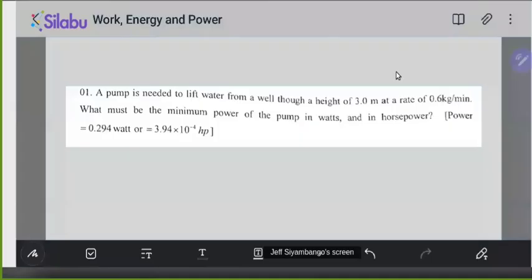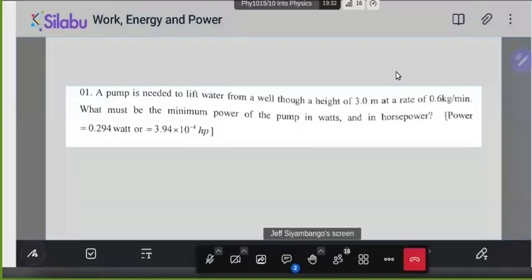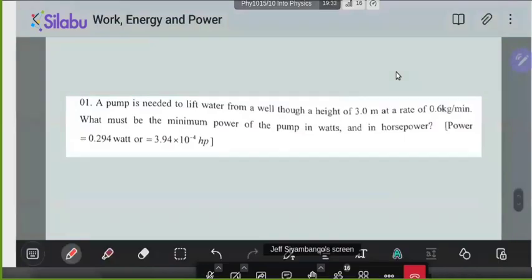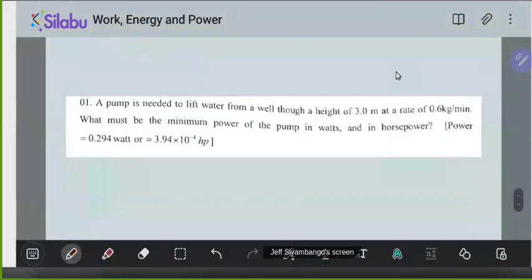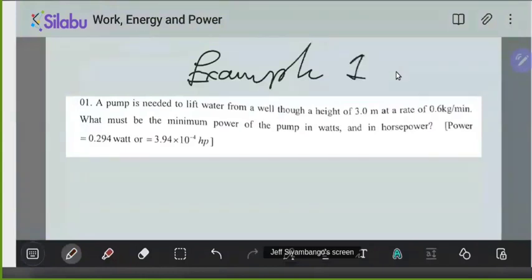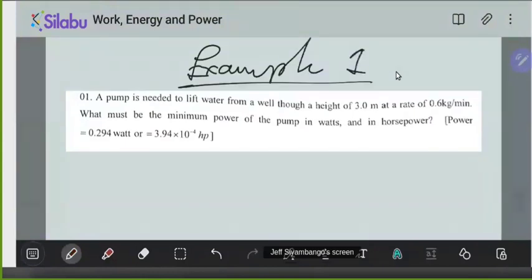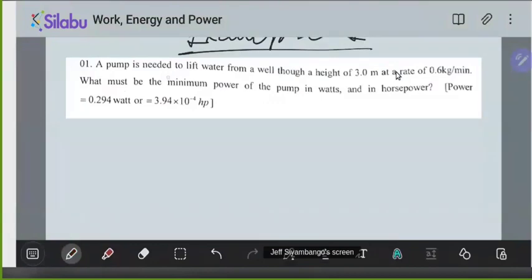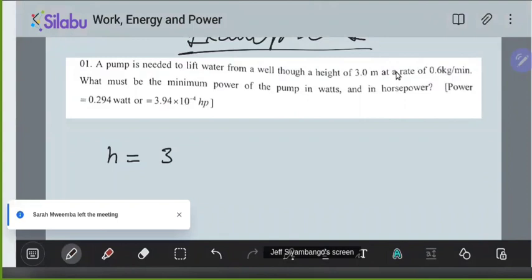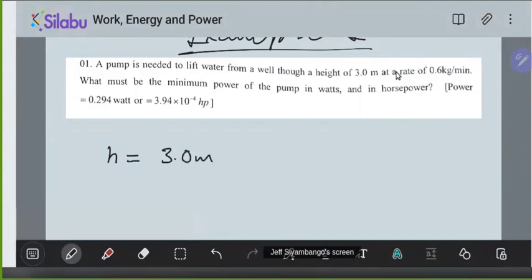Consider an example or a case like this one. So in this example, what are they saying? We have a pump that is needed to lift water from a well through a height of 3.0 meters. So the height we have to lift this water is 3.0 meters. What else are they saying? At a rate.